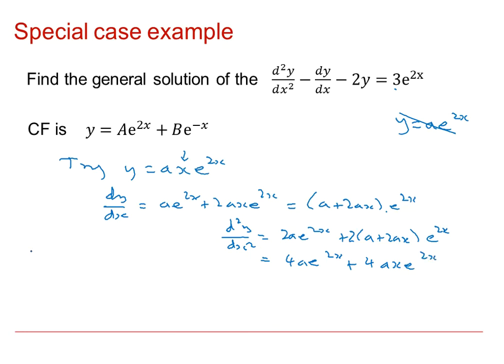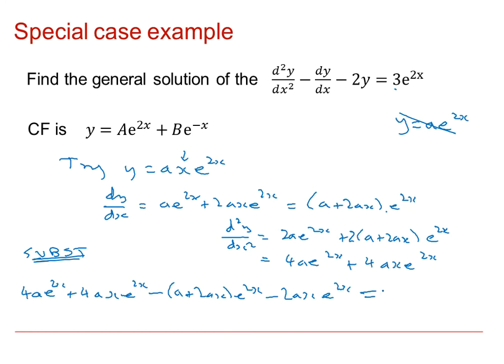So now if we substitute y and its derivatives into the non-homogeneous case, we will get a second derivative, as we can see at the top, minus a first derivative, minus twice y, and that has to equate exactly to 3e to the 2x.